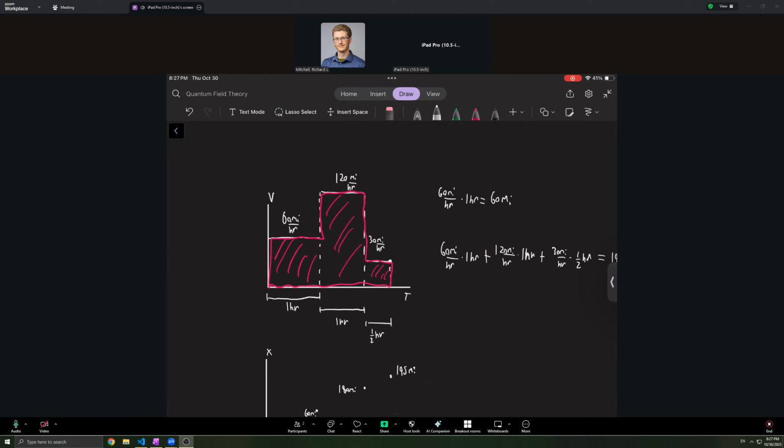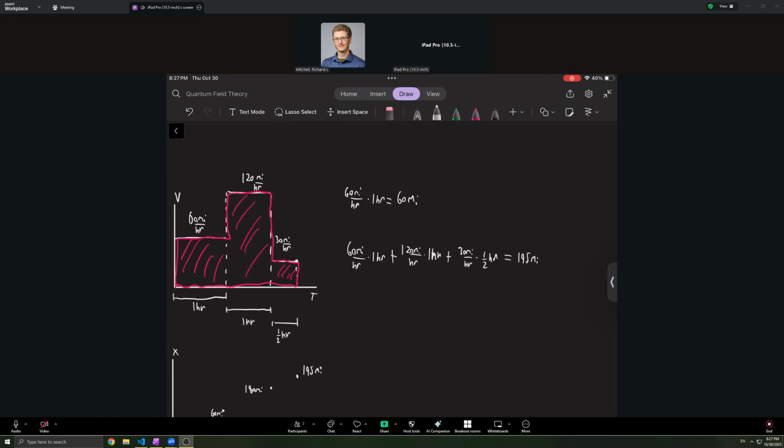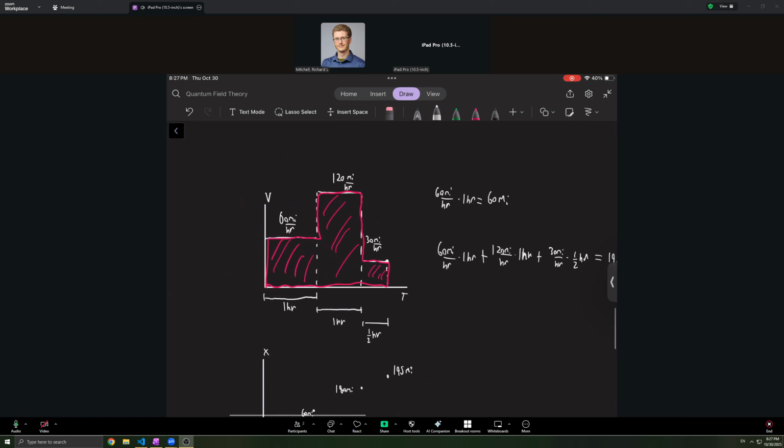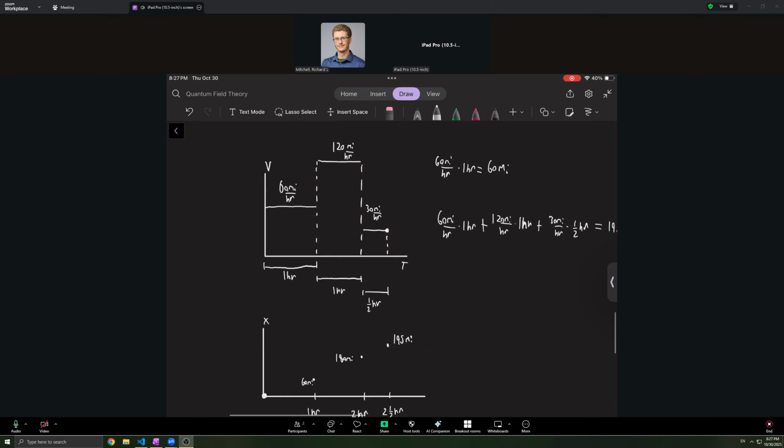And if you represent the heights of the rectangles by their velocities and the widths by the time, you get the exact same calculation we just did over here. So that's really what we're meaning when we say going from velocity to position is an area under the curve. It's a sort of analogous area under the curve in that way.